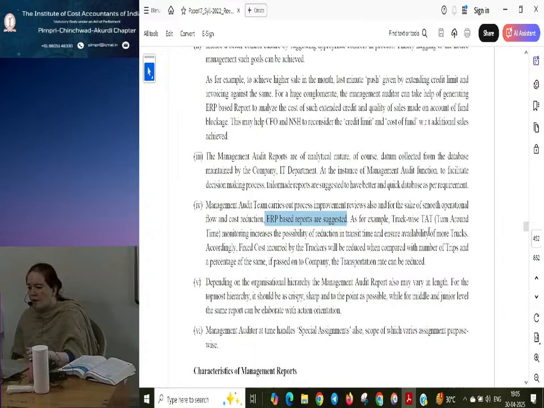So accordingly, fixed cost incurred by the truckers will be reduced when compared with the number of trips and a percentage of the same, if passed on to the company, the transportation rate can be reduced. So see here, with this implementation of an app, it becomes easier to actually control the transportation cost, so that there are no idle trucks and trucks are being properly utilized, okay.